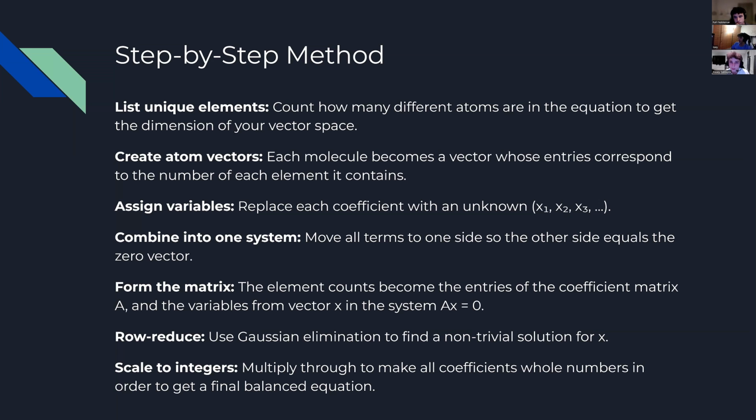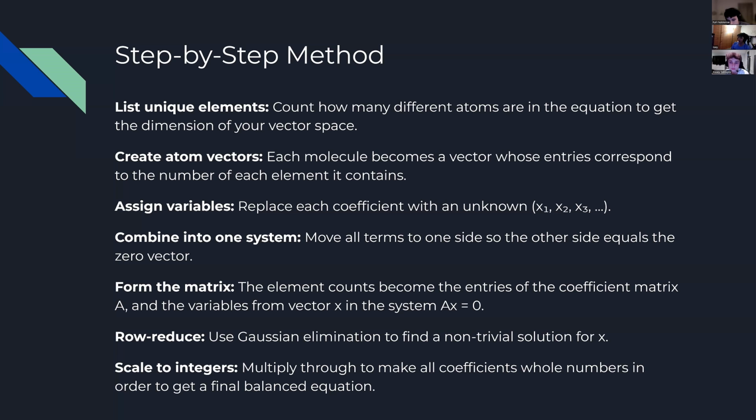Once you count how many there are, you replace each molecule with a vector, and each entry inside of that vector is going to represent a unique atom. So the space that the vector is going to reside in is the number of unique atoms you have. So if you had just three different types of atoms inside of an equation, your vector would be in R3.